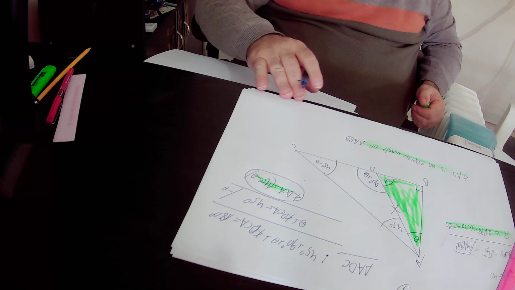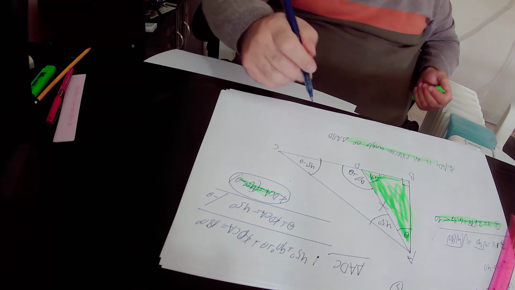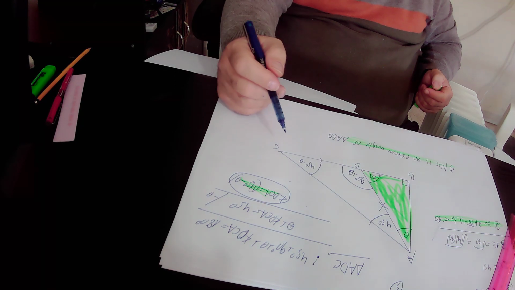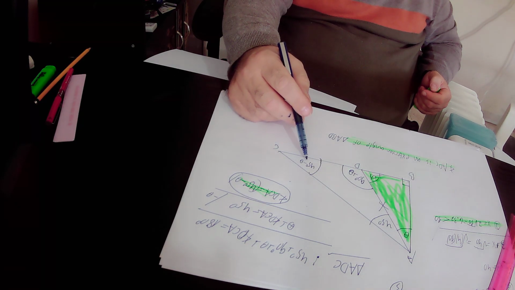So it is very clear from the drawing that this angle DCA is the smallest angle in triangle ADC. Okay?